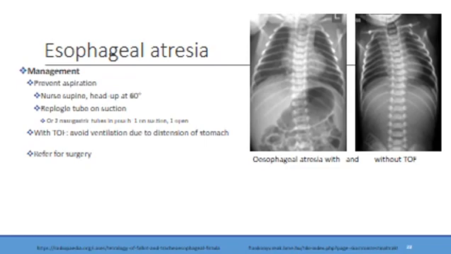And this is usually indicated if the proximal and distal pouches are very far apart. Quite a difficult surgery to do, and the babies can have numerous complications. And these babies are also known to have recurrent strictures of the esophageal repair, and therefore need constant follow-up and regular dilatations.